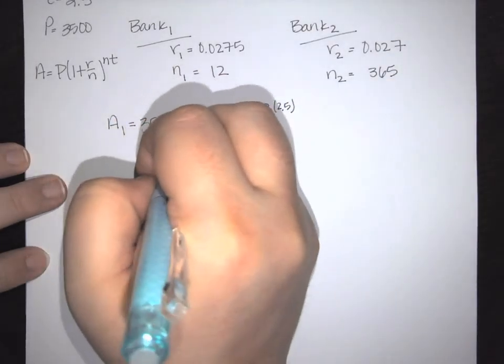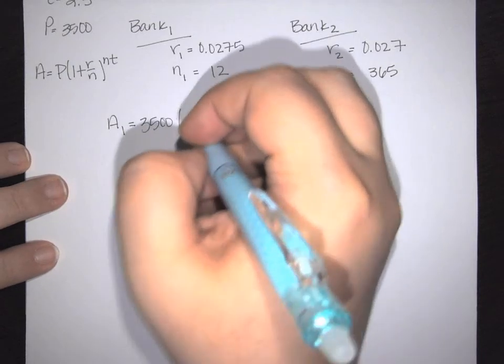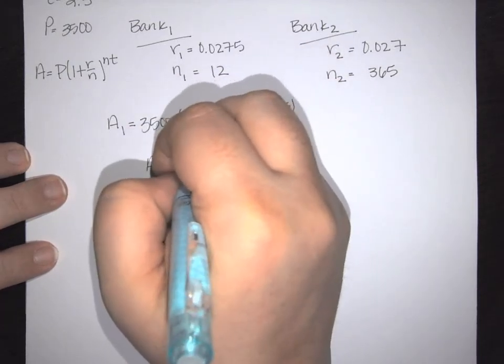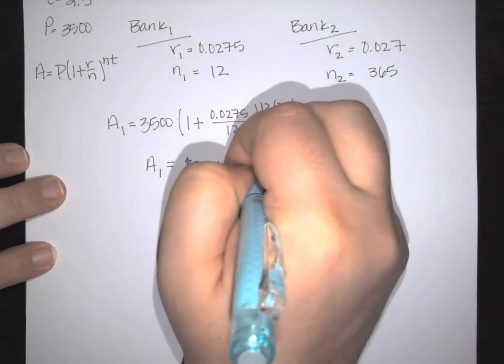So once you solve, you end up with Bank 1 being $3,748.79.